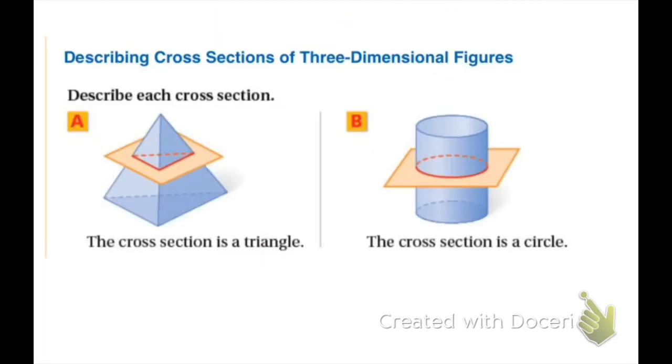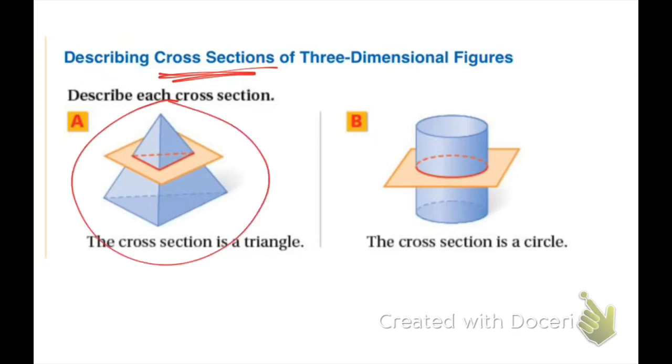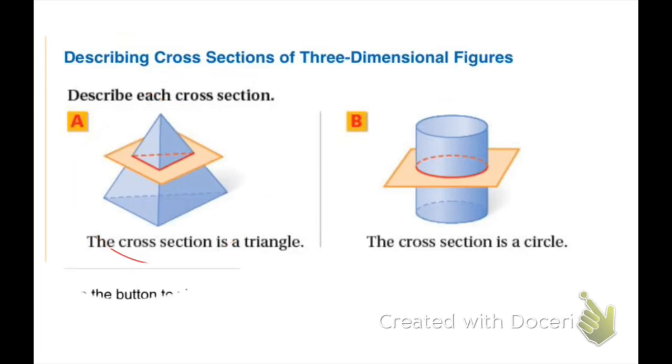Now, last thing, we're going to look at cross sections. A cross section is basically if I were to take a shape and take a flat surface, or a picture just taking a knife and slicing it at a certain point. So if I were to take this triangular pyramid, if I were to cut it with a flat surface here, what would be the shape I get from that slice?